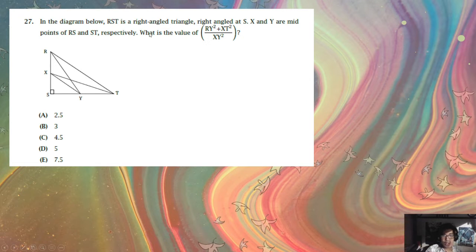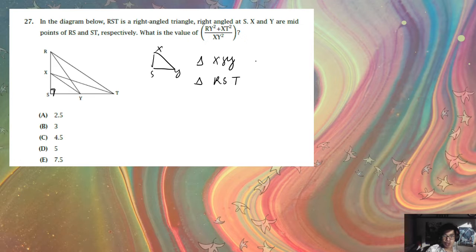Okay, so let's try to look at our givens. For our first given, it says here that we have a right-angled triangle RST. So that means if this is a right angle, triangle XSY is also a right triangle.